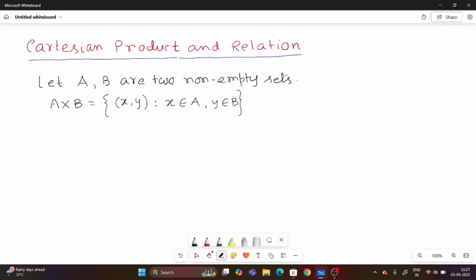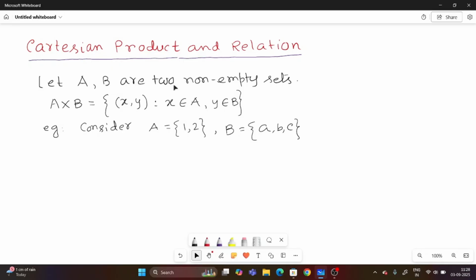So let us give some example. Consider the sets A and B as: A is {1, 2}, that is a set consisting of two elements 1, 2, and B is another set {a, b, c}.